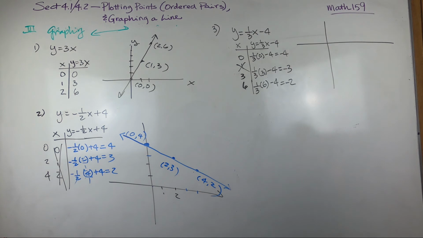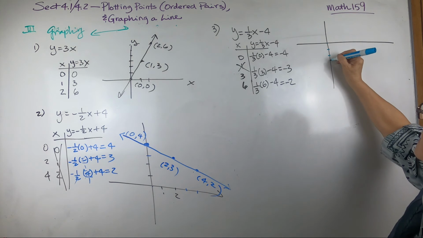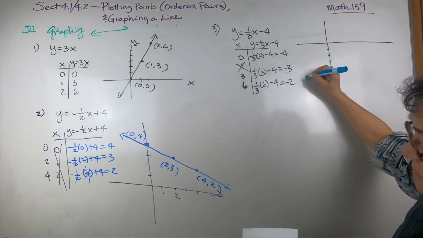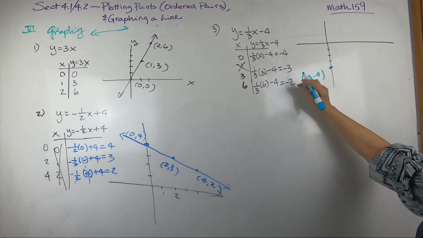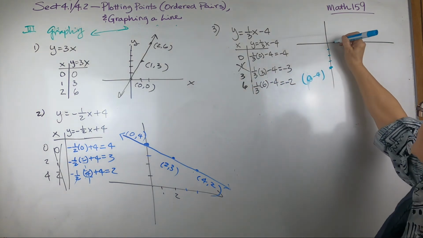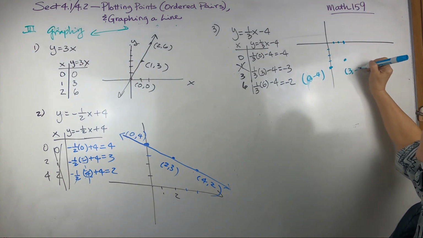Then we will graph the ordered pairs, see how it looks. Okay, so 0, negative 4, right? Next one, 3, negative 3.